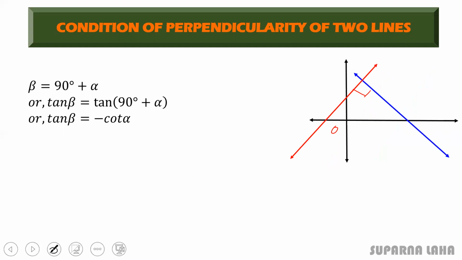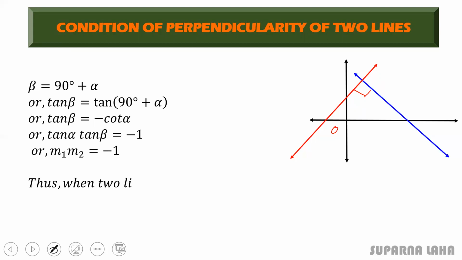This is minus cot alpha. And if we change cot alpha into tan alpha, it will be 1 upon tan alpha. So tan alpha into tan beta is equal to minus 1. And if we put the values of tan alpha and tan beta, that is the slopes m1 m2, so m1 m2 equals minus 1. So if two lines are perpendicular, the product of their slopes is equal to minus 1.